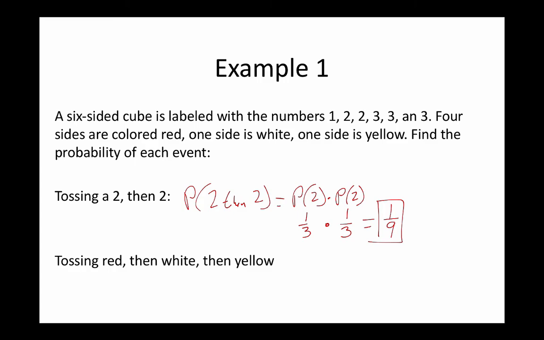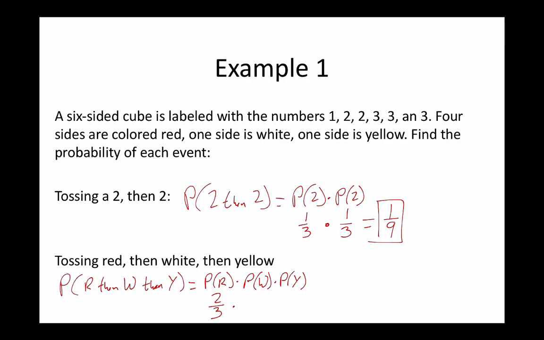The next one says probability of a red, then a white, then a yellow. That's equal to the probability of a red times the probability of a white side landing up times the probability of a yellow side landing up. There are 4 sides that are red, so that's 4/6 or 2/3.